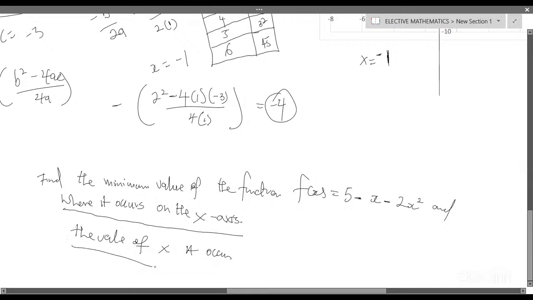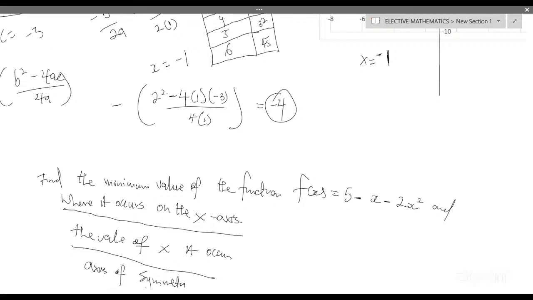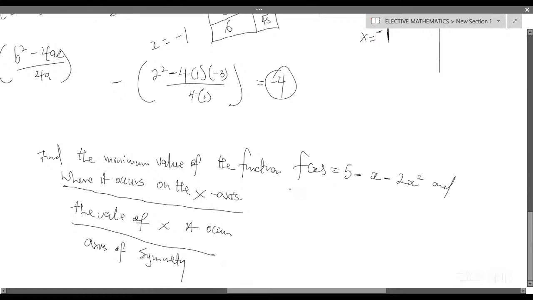Or you see axis of symmetry. So these are all synonymous. If you don't see where it occurs on the x-axis, you see the value of x it occurs, or the axis of symmetry. All these ones, they are all the same.